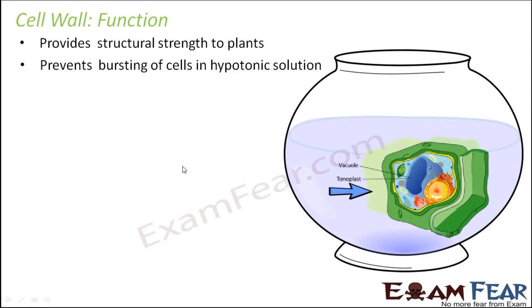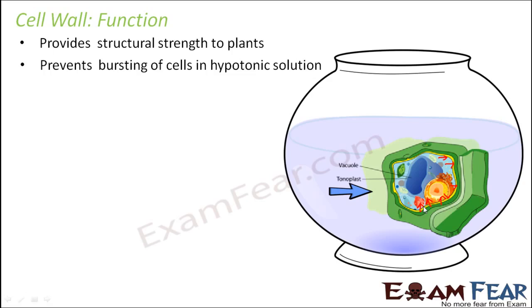So in order to prevent that, you have the cell wall. Cell wall is like an additional support because plasma membrane will allow water to pass through it, and finally, if it is too much, it might burst. So you have this additional cell wall so that whenever too much water starts entering the cell, it will exert some pressure on the cell wall, and the cell wall will also exert a counter pressure.